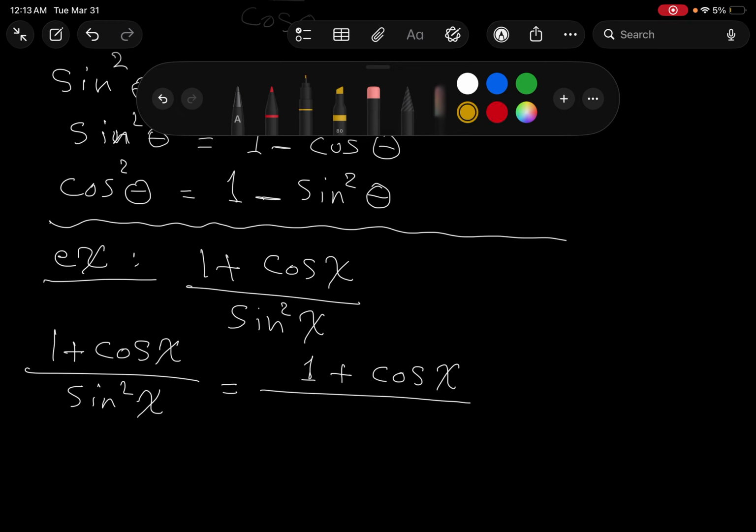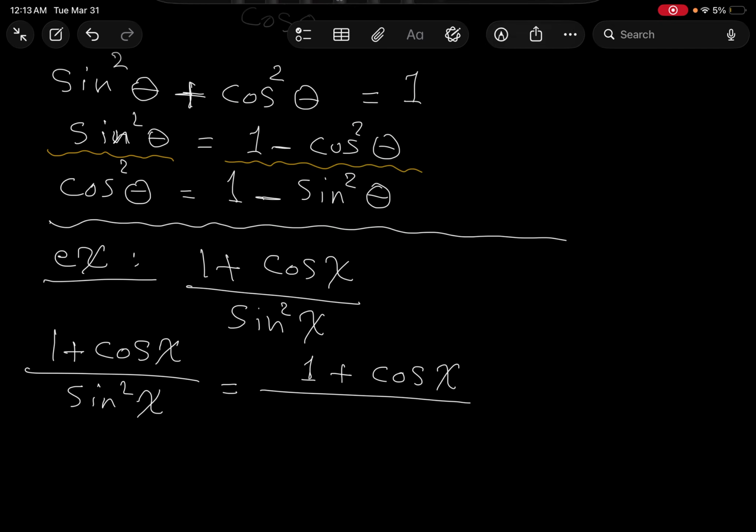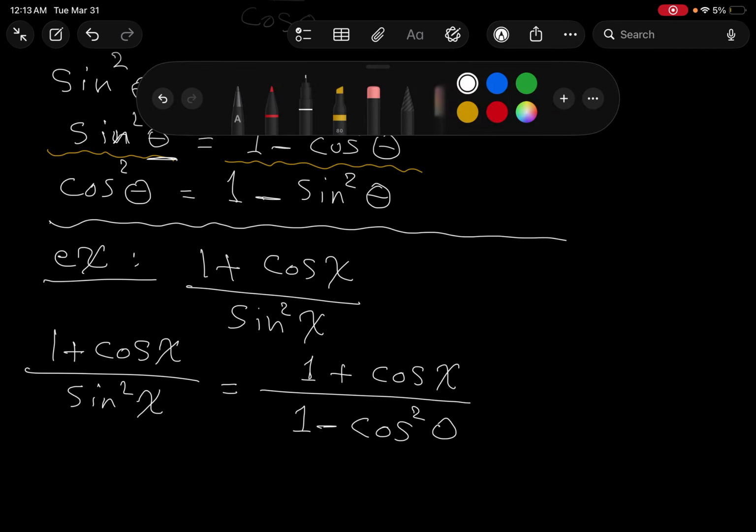Sine squared theta equals 1 minus cosine squared theta, or x, because there we have theta but here we have x. You can write x or theta, they are the same.